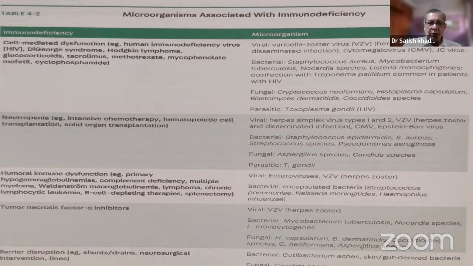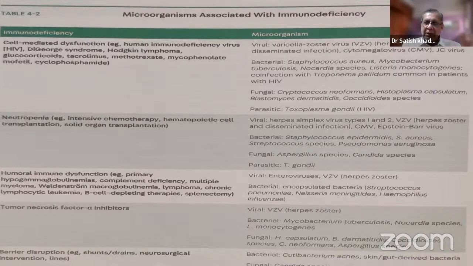Like in our neurosurgical OT, so often we see bugs that are on the skin going into the nervous system. So these 2 tables I think are very important from the point of view of the first line in the approach.